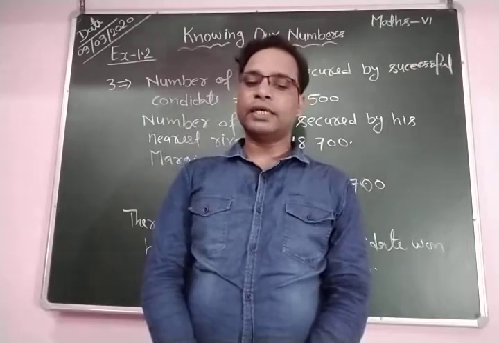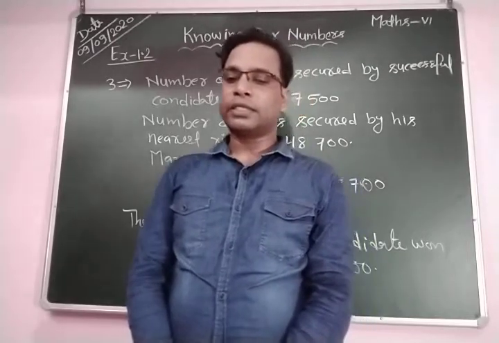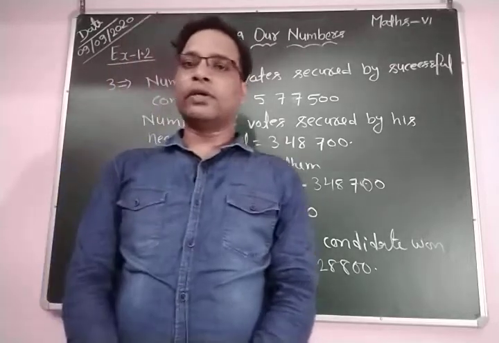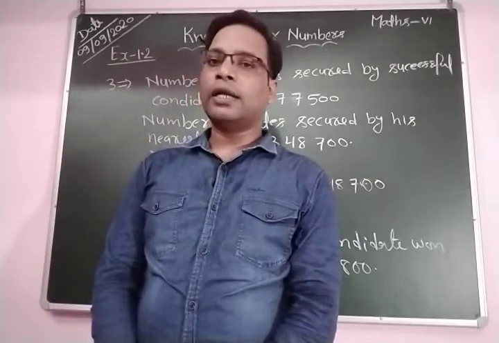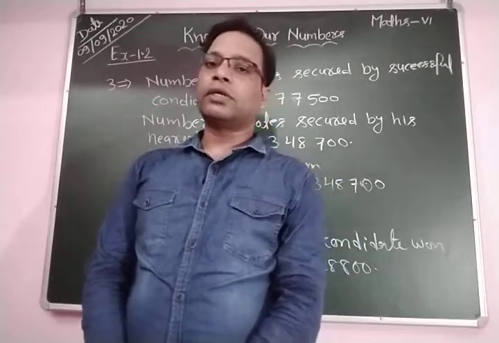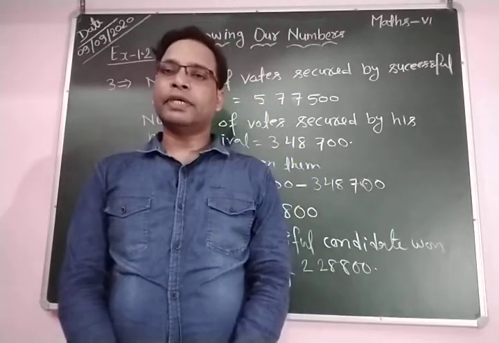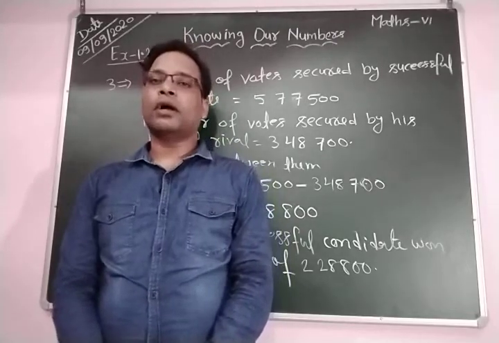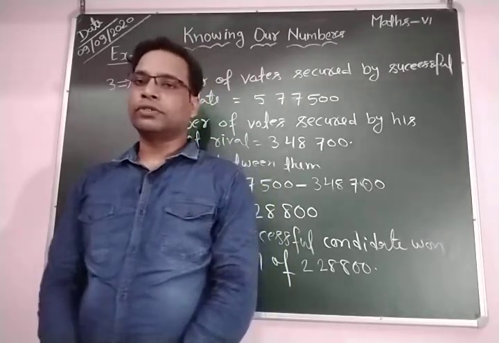We need to find how much was the sale in the 2 weeks, and also in which week the sale is greater and by how much. Let's see how to solve this.